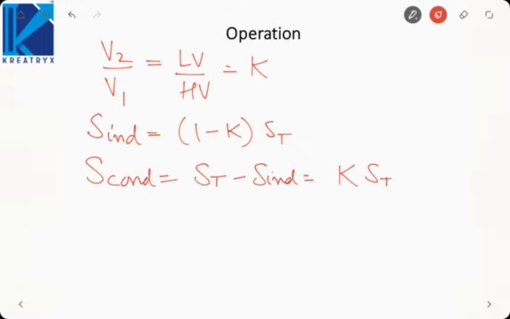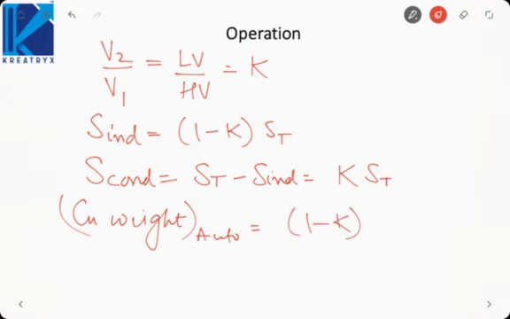So 1 minus K times total power will give me induced power, and K times the total power will give me conducted power. Now copper weight in an auto transformer is 1 minus K times the copper weight in a two winding transformer.